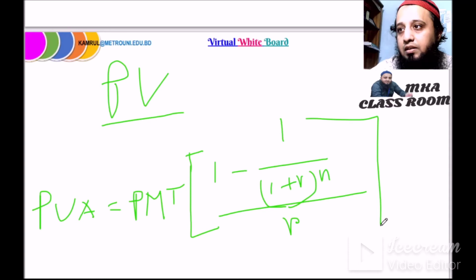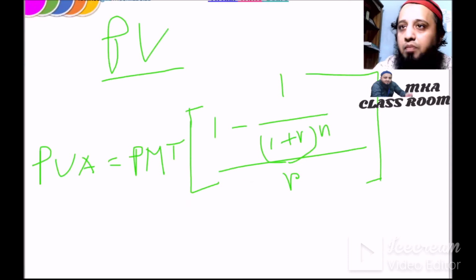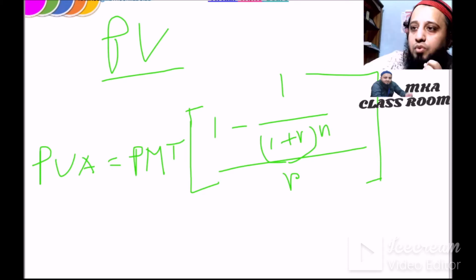That is the formula for present value of ordinary annuity.